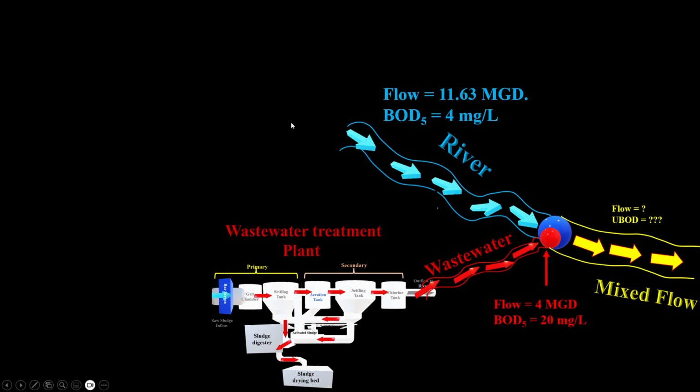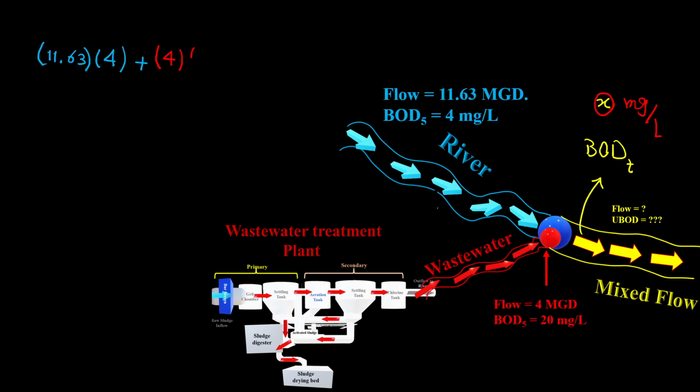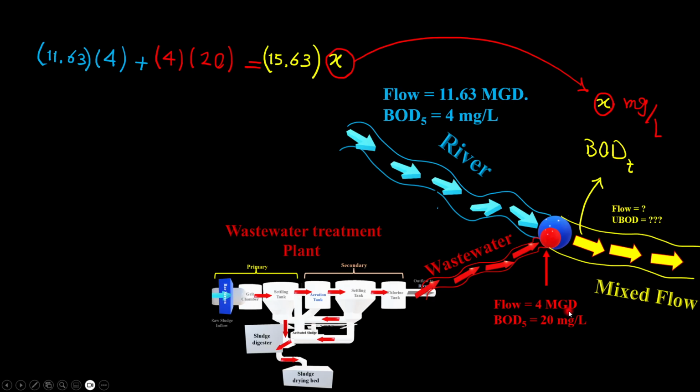Now we can write down the mass balance: 11.63, our flow, times the concentration of 4 milligrams per liter for our river, plus the flow of the wastewater effluent times its concentration, is equal to the mixed flow, 15.63, times this concentration, which is the BOD at 5 days for the mixed flow in milligrams per liter.